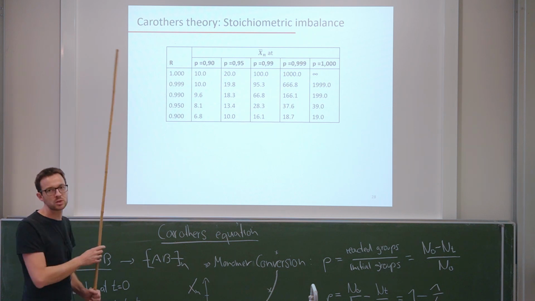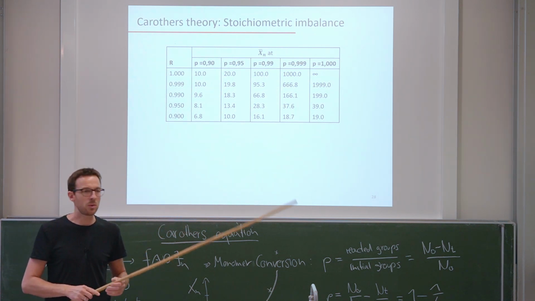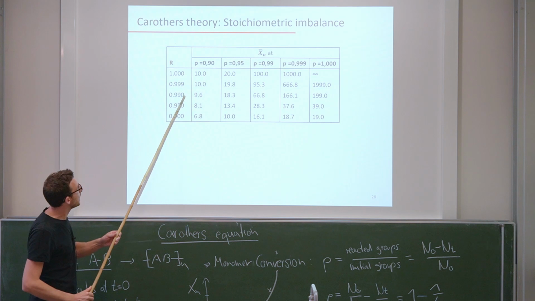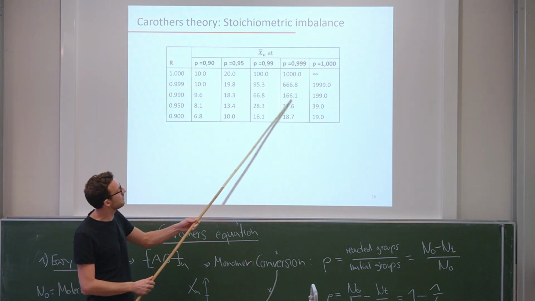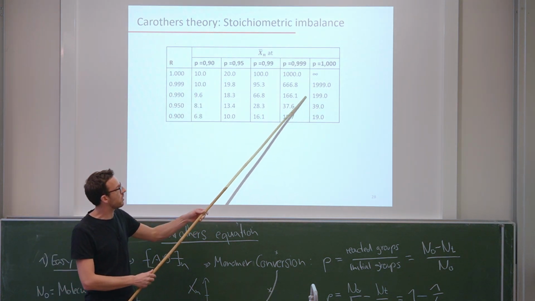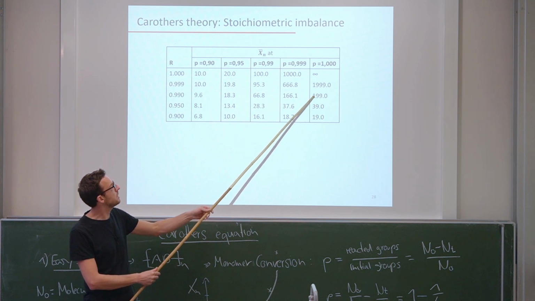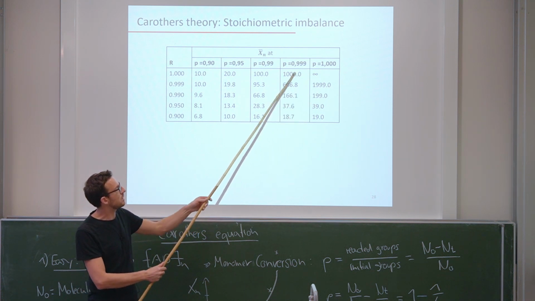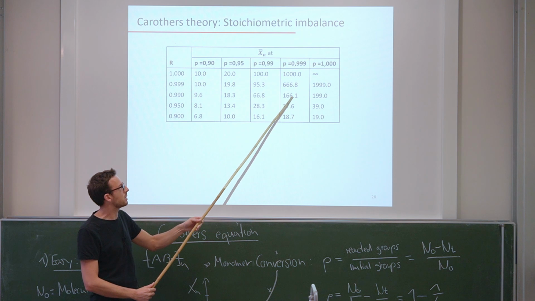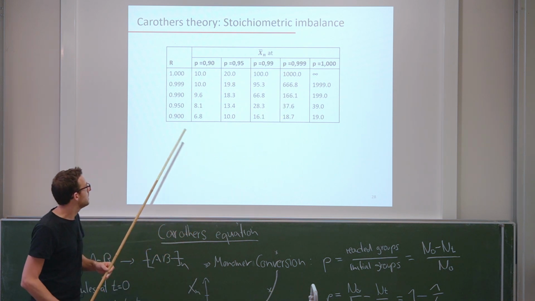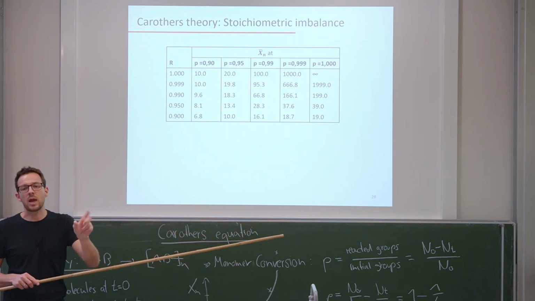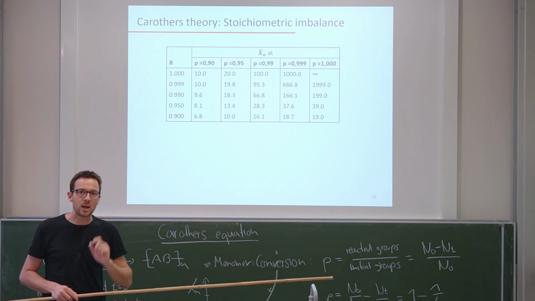This would be a 1% difference between monomer A and monomer B. And suddenly, instead of having a really, really long polymer, you have a degree of polymerization of 200 here, which compares really badly, or compare 160 to 1000. And 1% is very easily the error of a lab balance or so.